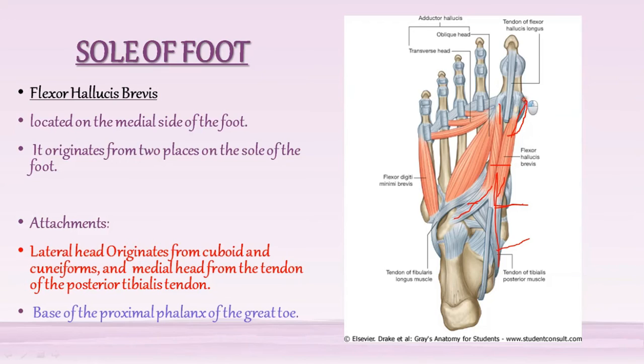Medial head on the medial side of the proximal phalanx of great toe. Lateral head on the lateral side. But you have to remember that both the heads insert on the proximal phalanx of the great toe. Medial one on the medial side, lateral one on the lateral side of the proximal phalanx of great toe.